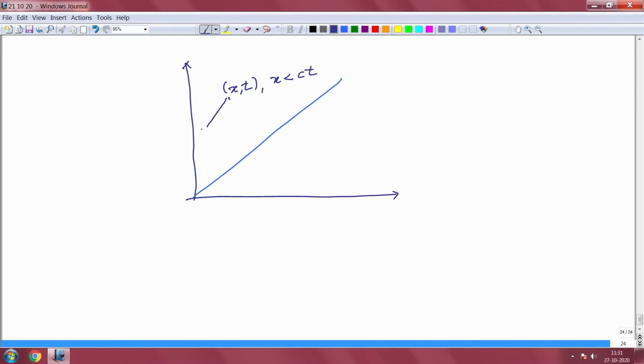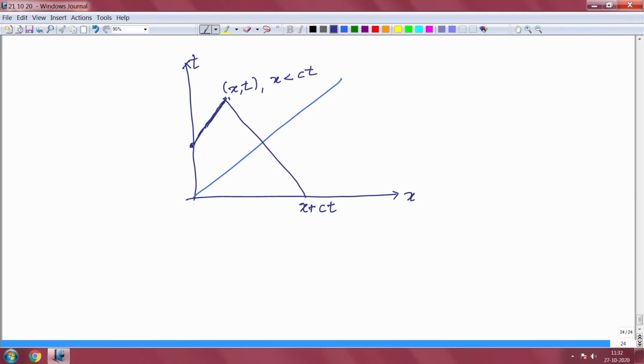See, the earlier case it was not doing that. And for one characteristic there is no problem, this x plus c t is there. But this characteristic does not meet the initial axis in the positive x axis, and here we do not have any data, but we have data here.